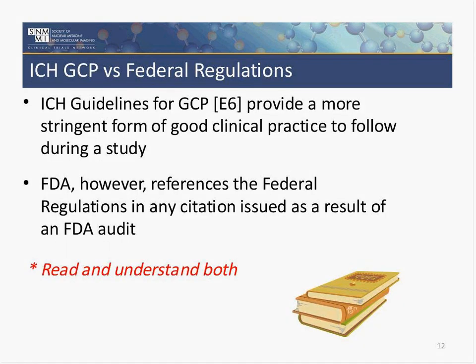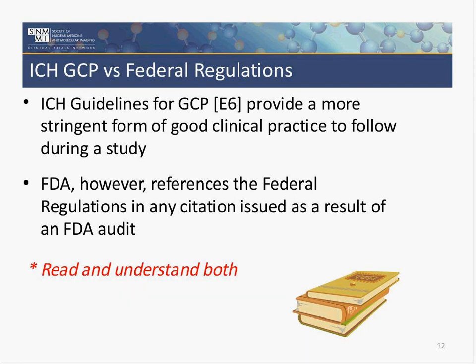And you might be thinking, well, there's this GCP thing, E6, there are the FDA regulations, which one do I follow? It's important to understand that you need to understand both, that pharmaceutical professionals walk through both worlds.